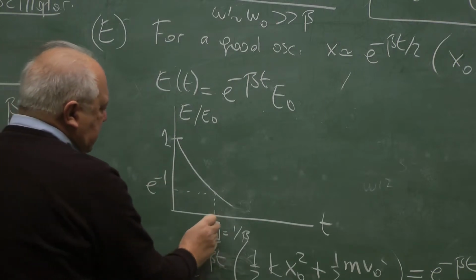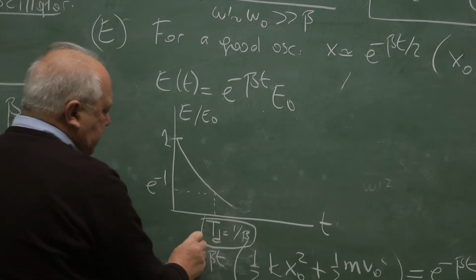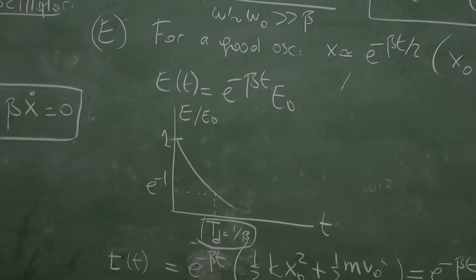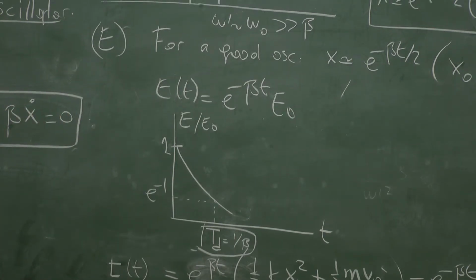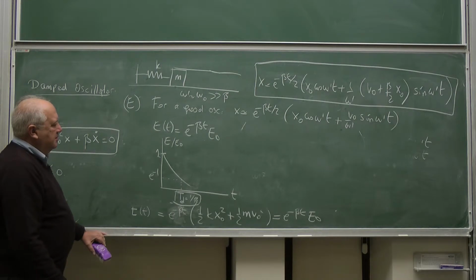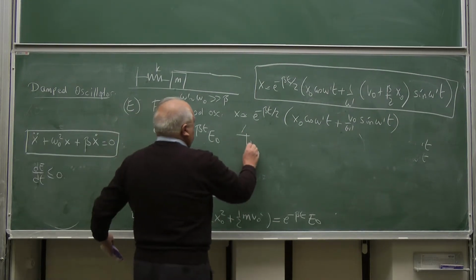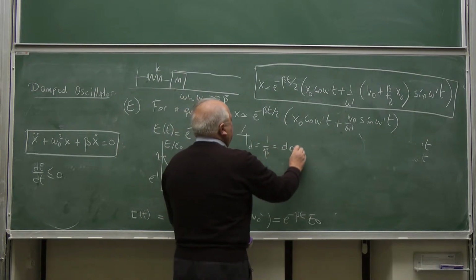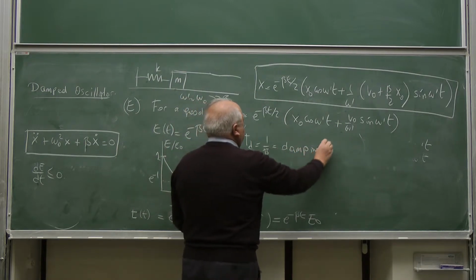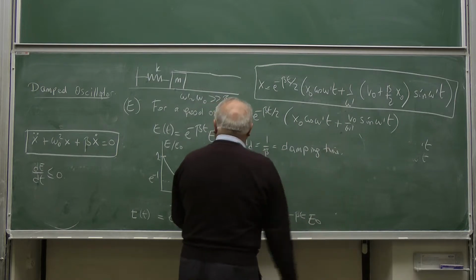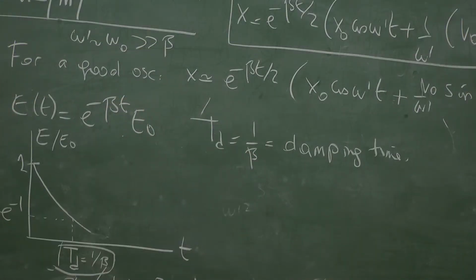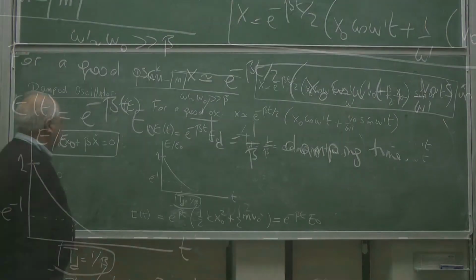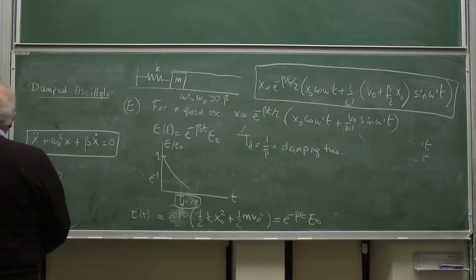So td essentially indicates the decay time. So td equals 1 over beta, we shall call it damping time, after which we can basically forget about the oscillations of our oscillator. It's basically dead.